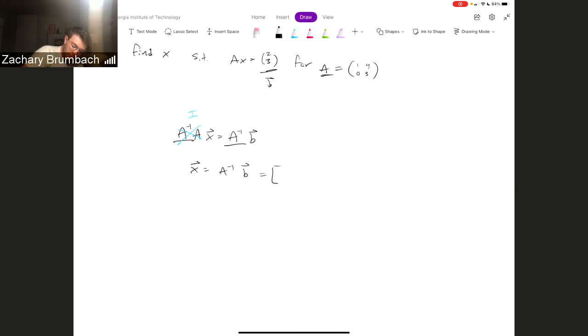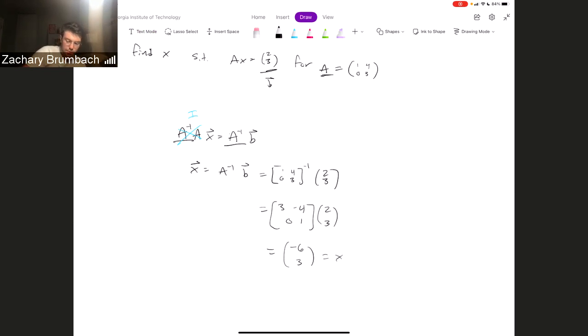And that is 1, 0, 4, 3 inverse times 2, 3, which is equal to 3, 1, 0, negative 4 times 2, 3, which is 6 minus 12, negative 6, 0, 3, 3. Okay.